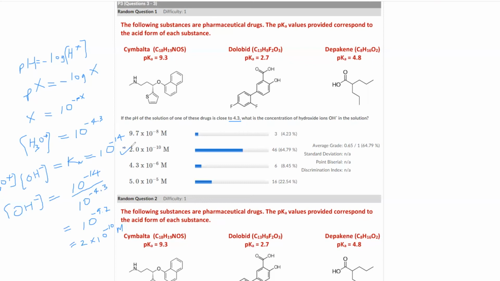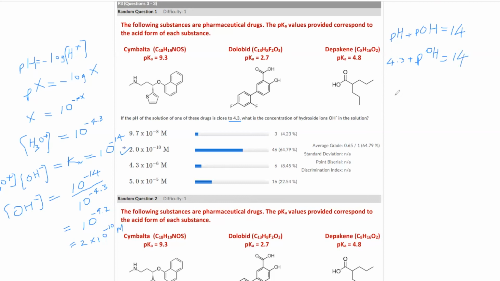Now, there's another way of achieving the same answer. If you can remember this equation, pH plus pOH is equal to pKw, which is 14. Now pH is 4.3, so 4.3 plus pOH is equal to 14.